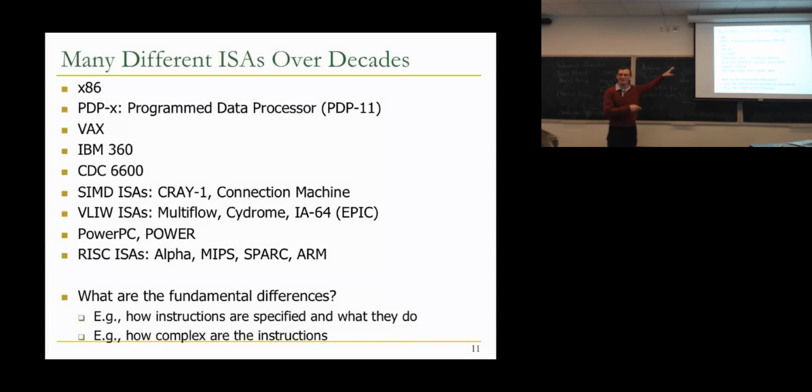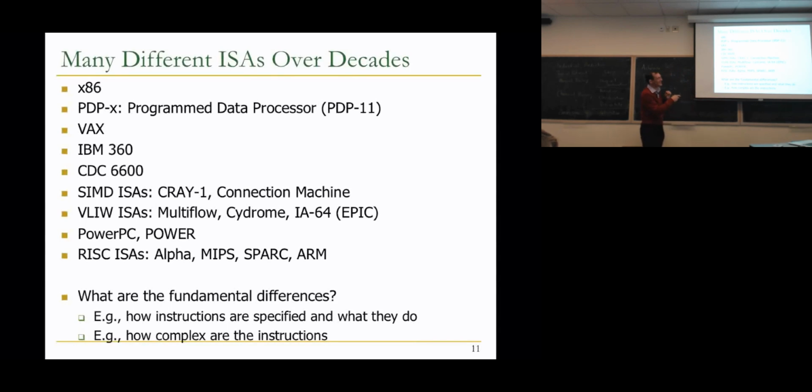Who knows this one? No one? This was the Digital Equipment Corporation's ISA that allowed them to enter the general purpose PC market. And that was one of the fastest computers of its time, actually. You might want to take a look at it. I'll give you some examples from that.